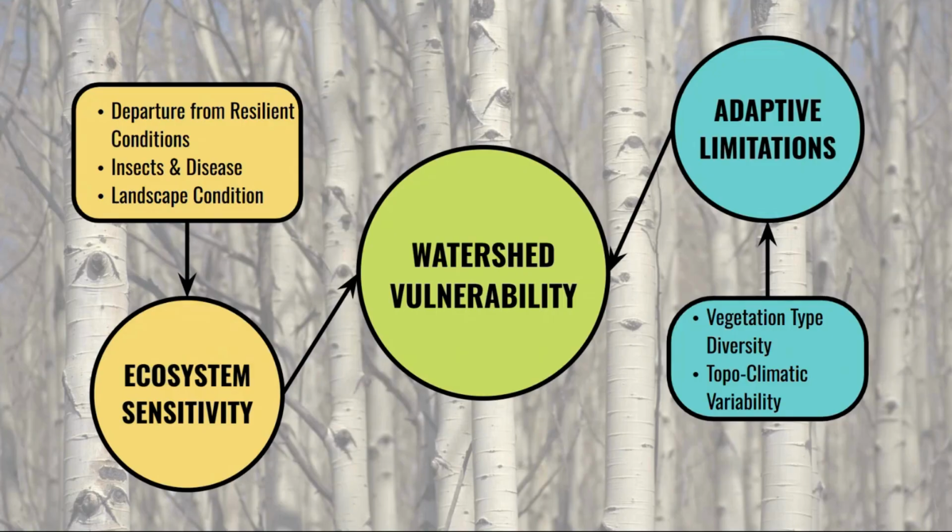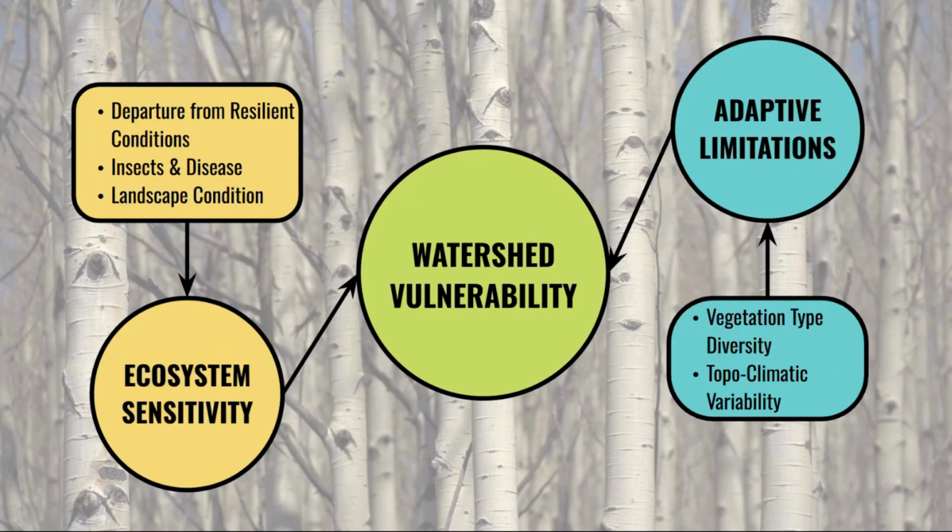We're looking at not only fires, but things like droughts and heat and how they affect different vegetation types differently. It's nice to have a diversity of vegetation types, which helps ecosystems adapt. We have that ecosystem sensitivity piece, and then adaptive limitations is how well it can take on these changes and adapt or be resilient to them.